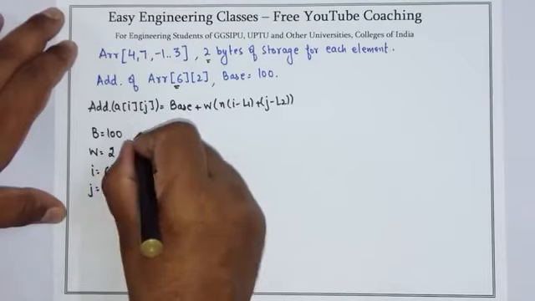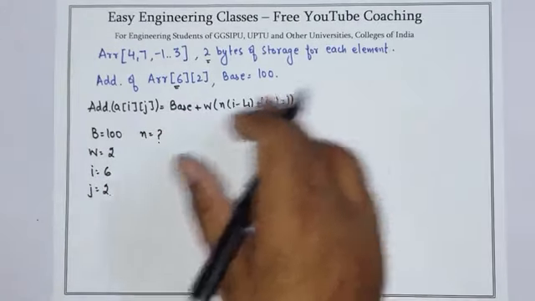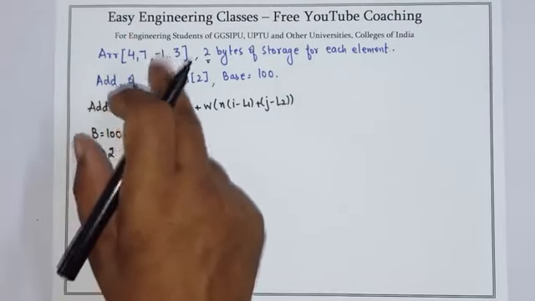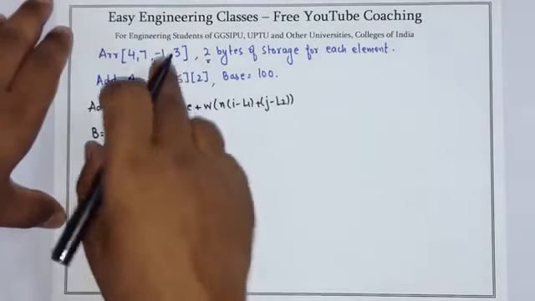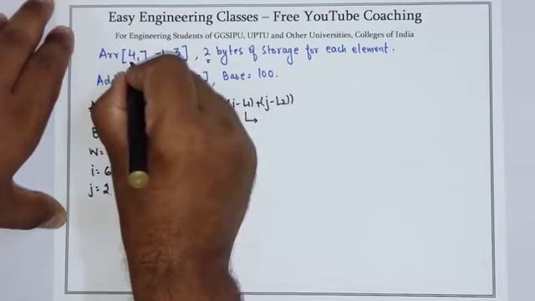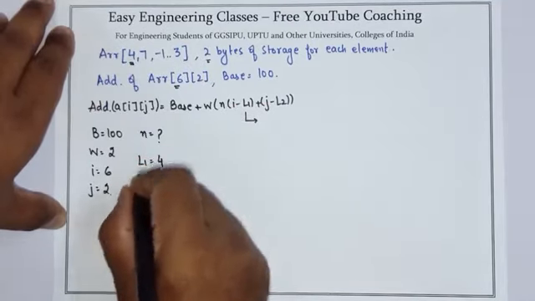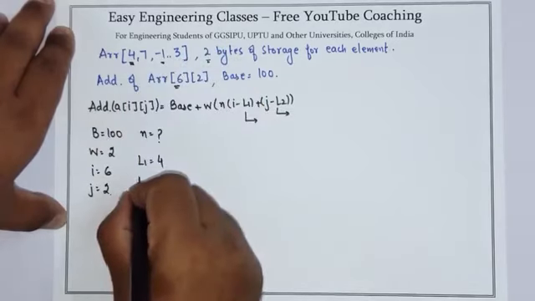Now what I need to find is n basically. So looking at this array, we can find the number of columns. Now L1 is the lower bound for row, and 4 represents the lower bound of row. So L1 is equal to 4 and L2 is the lower bound for column, which is minus 1 in this case.